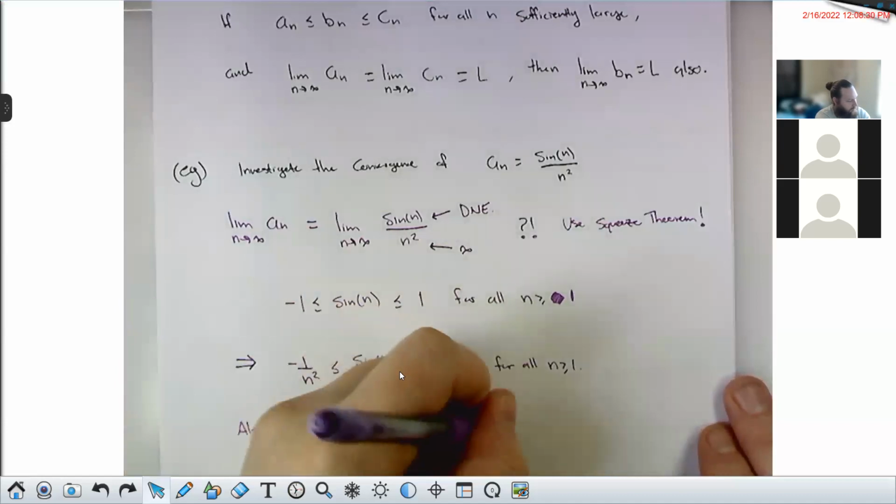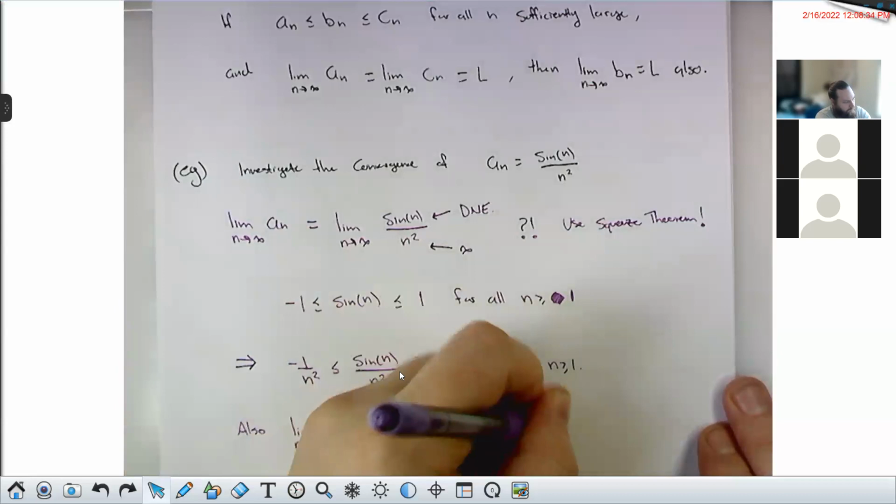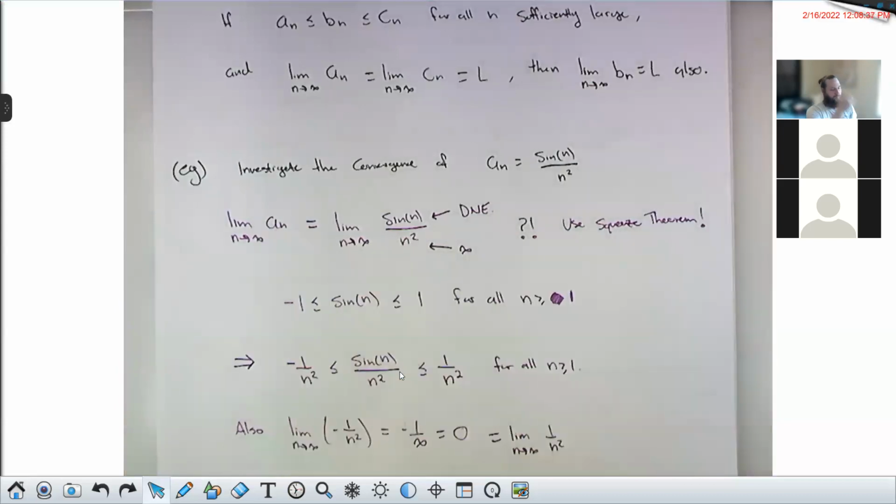And that's the same as the limit of 1 over n squared. So both the lower bounding sequence, -1 over n squared, and the upper bounding sequence, +1 over n squared, both of those go to 0.